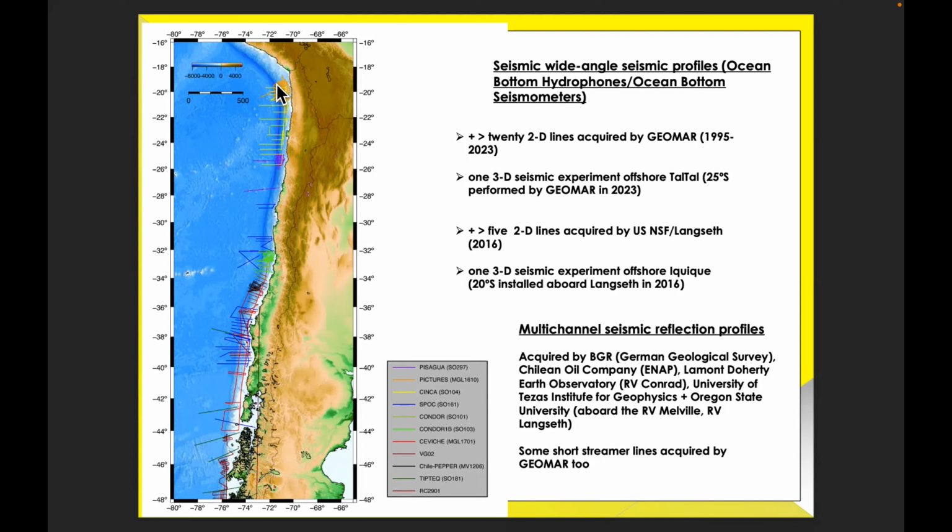Regarding multi-channel seismic reflection profiles, there are plenty of data that you can see, all these lines here, with the specification in the legend. They were acquired by BGR, the German Geological Survey, the Chilean oil company, Lamont in the 90s by Conrad, Texas, and Oregon State by Marcus Lancet, mainly in 2016 and 2017, and some short streamer lines acquired by Geomar.